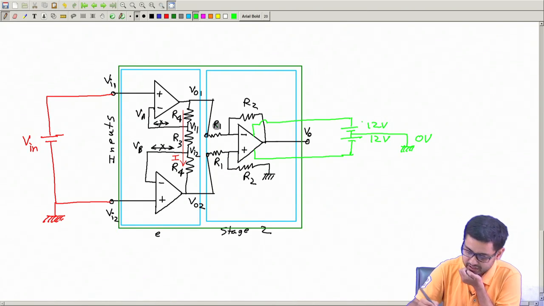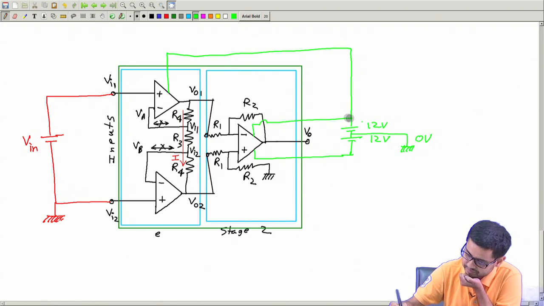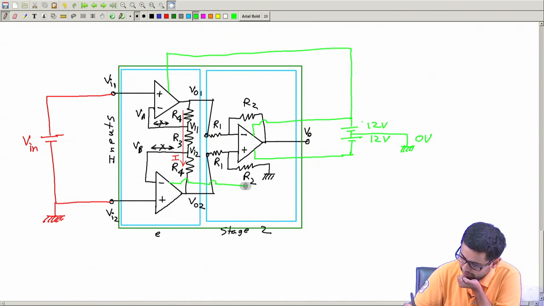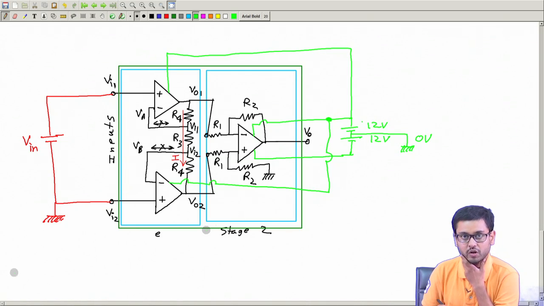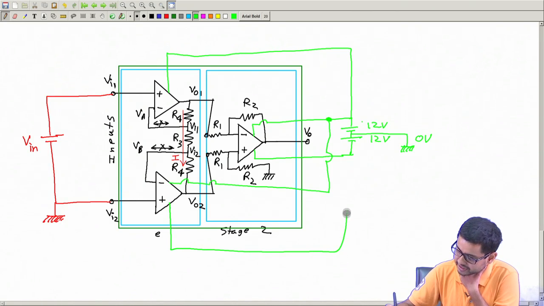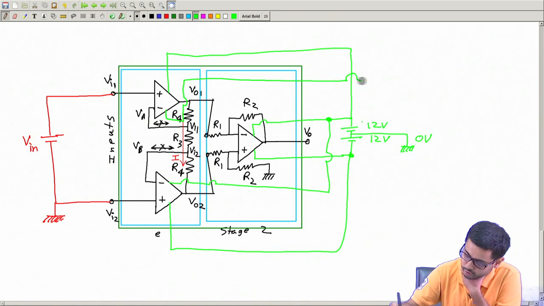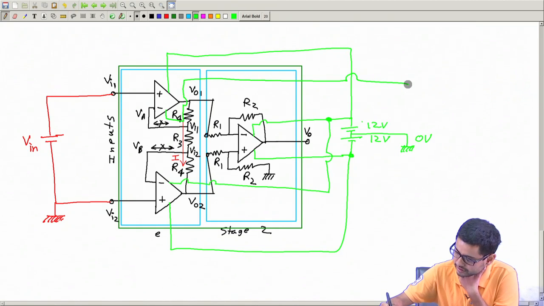Similarly, this power supply you connect to the positive side like this. All negative sides you have to connect to the minus side. Here also this will go to the minus side like this.